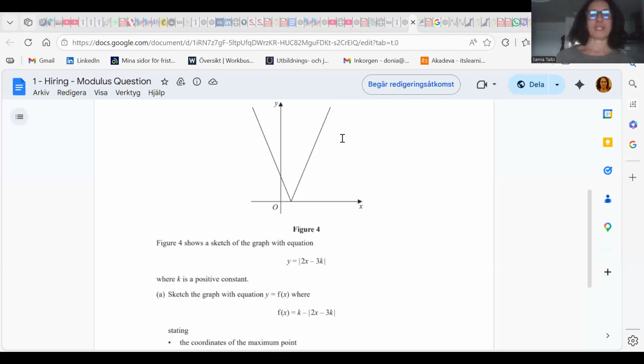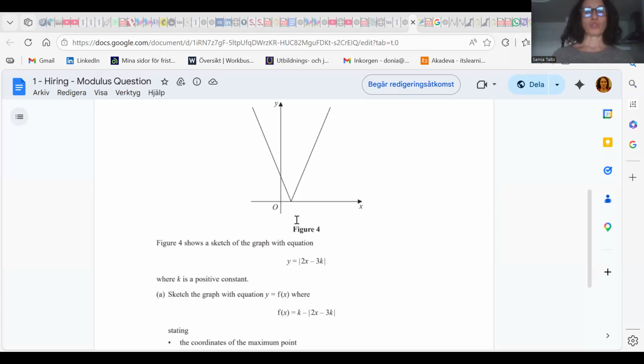So basically we're given a graph showing the function modulus of 2x minus 3k. It's given to us, and k is set to a positive constant.